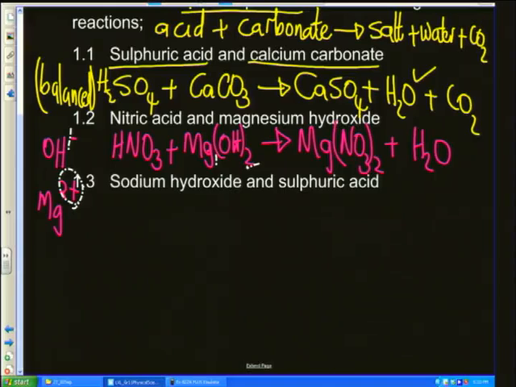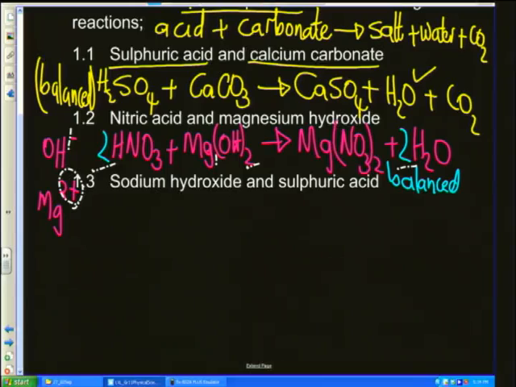So let's balance the hydrogens first, and we put a 2 here. Then I've got 4 hydrogens. That 2 also means I've got 2 N's. Oxygens, I've got 6 plus 2, 8, and 8 there. So this is balanced when I put those 2's there.